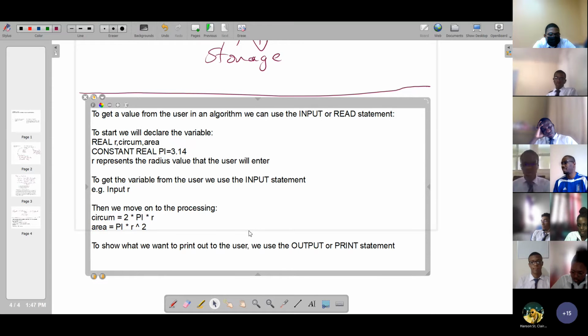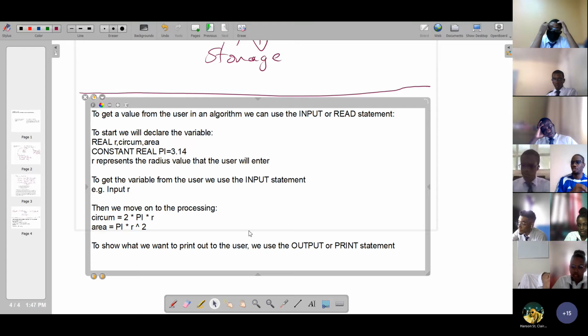We use the output or print statement. You can use them interchangeably, but I would suggest that you use them consistently through any one program. So don't have output here and then print later on. If you choose to use output, use output. If you choose to use print, use print. Agree on that?